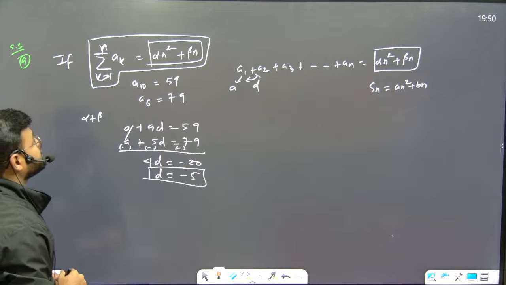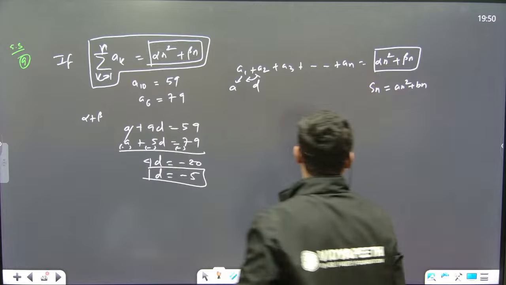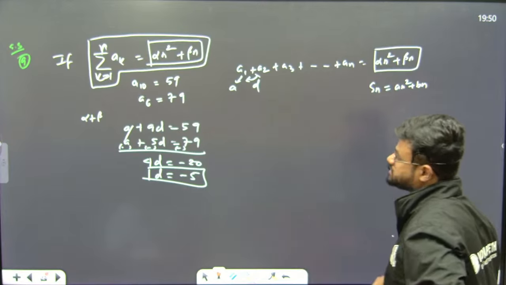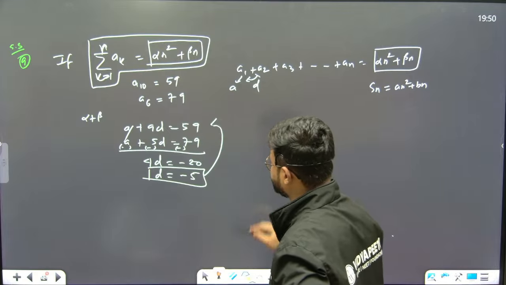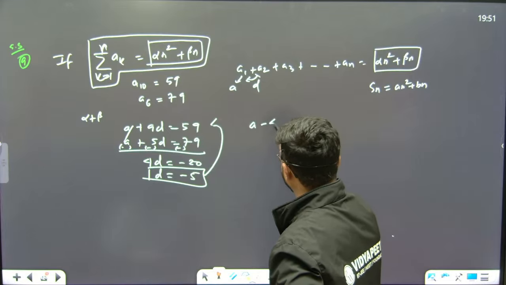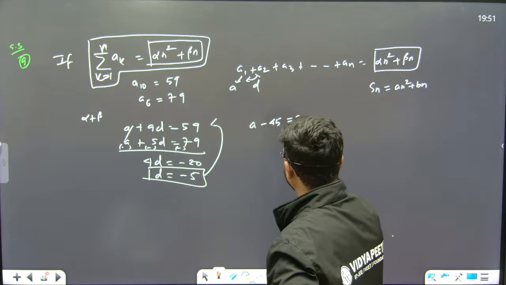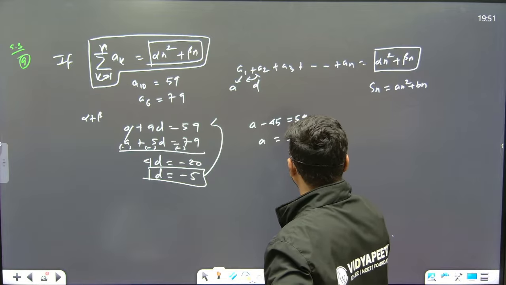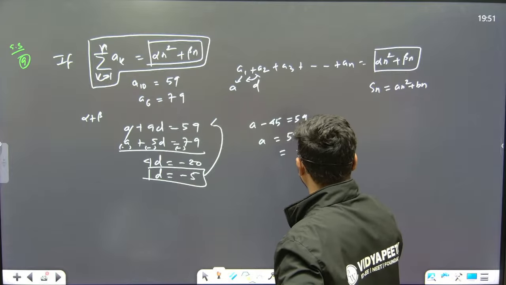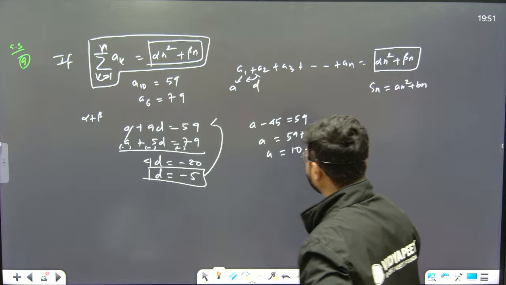Now, putting the value of d equal to minus 5, a minus 45 equals 59. So a will come out as 59 plus 45, which is 104.